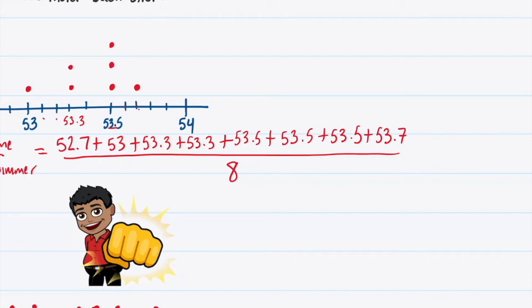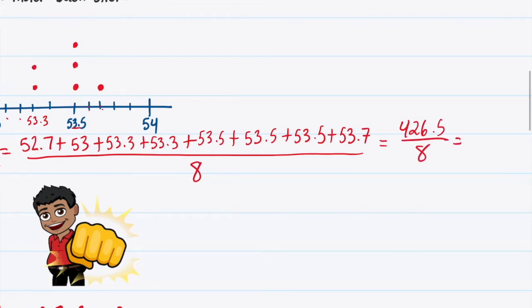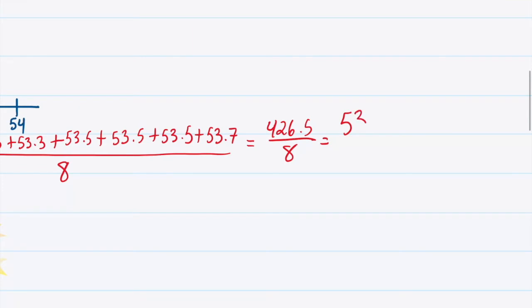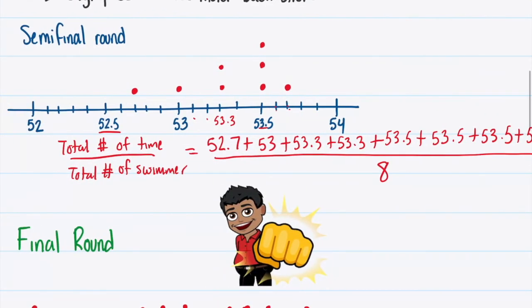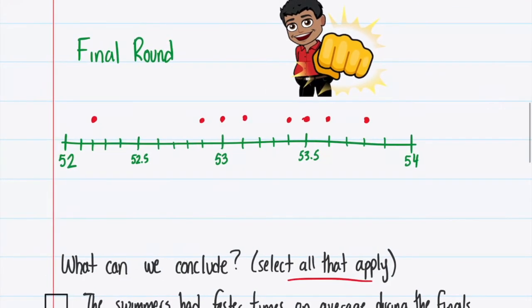Is that 8 of them? Let me count them. 1, 2, 3, 4, 5, 6, 7. Yeah, it looks about right. Divide and we get 426.5 over 8. When you divide by 8, we get an average of 53.3125. Let's save that number for now.